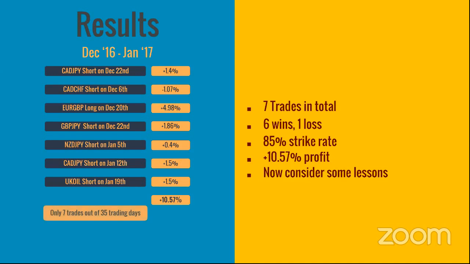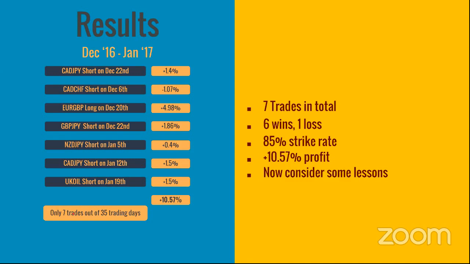Number one is, within this period from the second week of December to the third week of January, there were a total of 35 possible days of trading. I've already excluded the bank holidays that were in December. So 35 days that you could actually take trades, and within those 35 days, there were only 7 trades taken.